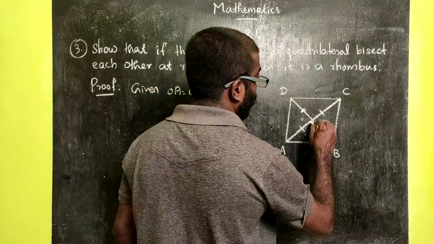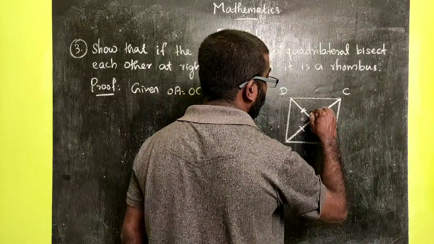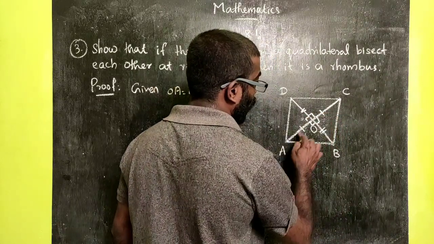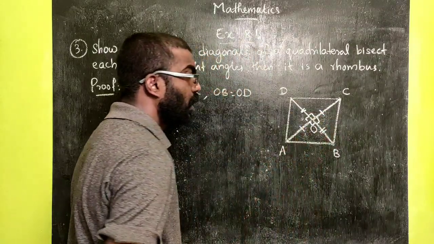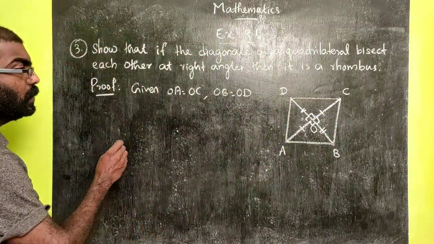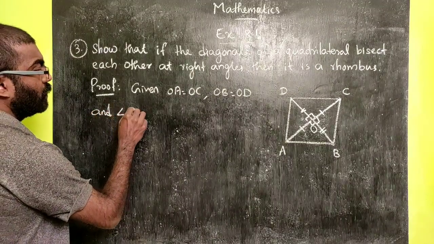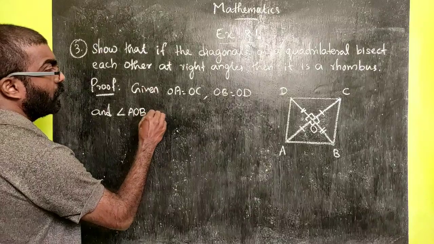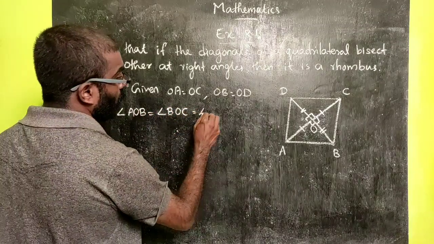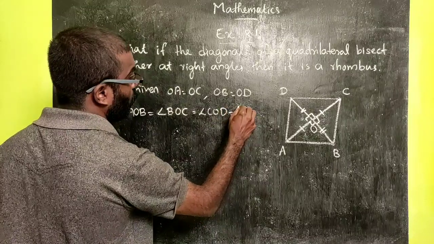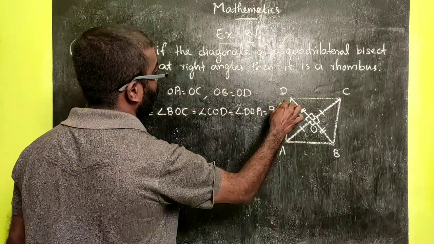So here the angle is also 90 degrees. Angles AOB, BOC, COD and DOA, these four angles will be equal to 90 degrees. And angle AOB equal to angle BOC equal to angle COD equal to angle DOA equal to 90 degrees.